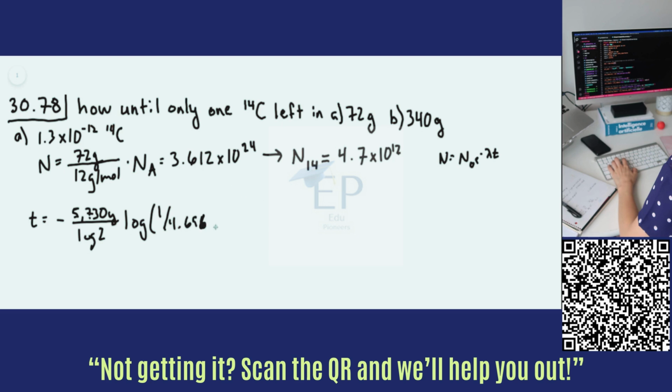Sort of less truncated than I wrote here. It doesn't really matter all that much. Times 10 to the 12th. And so we find that this takes 2.4 times 10 to the 5th years.